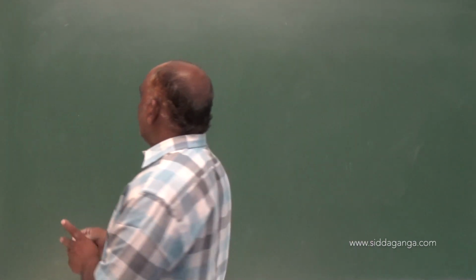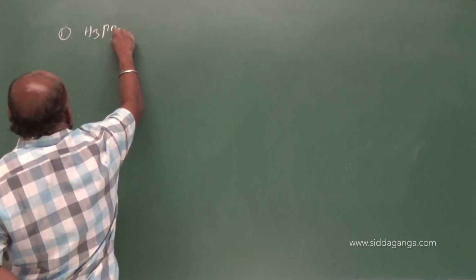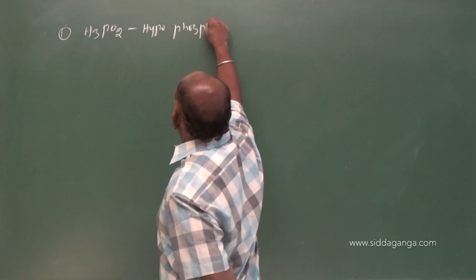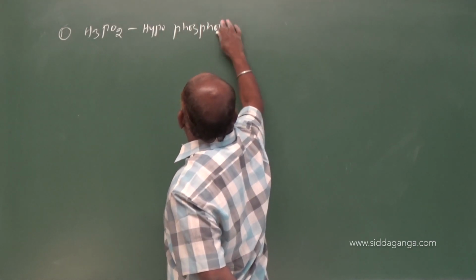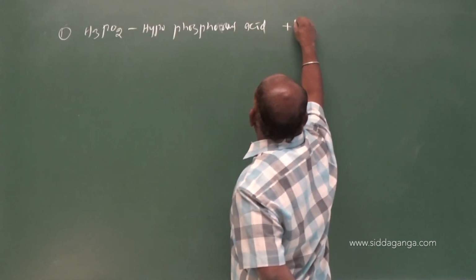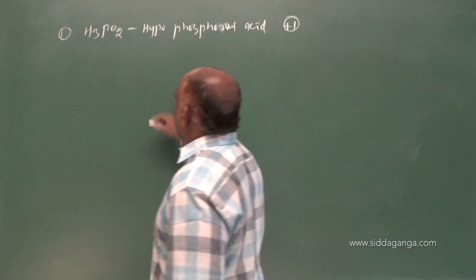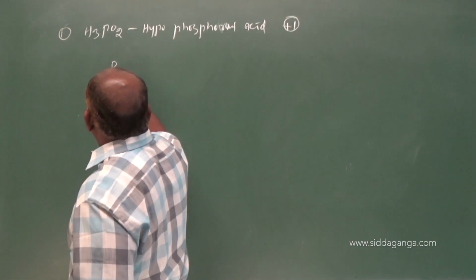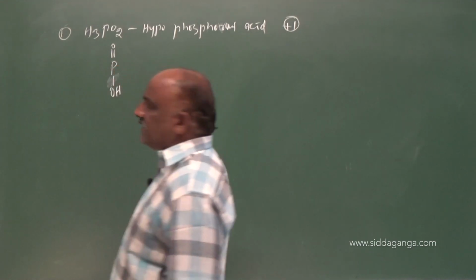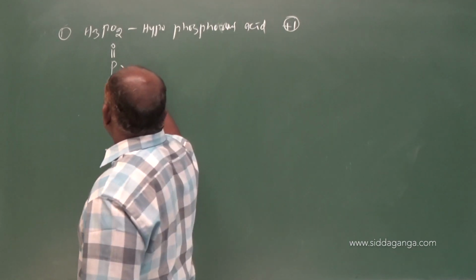Number one is H3PO2, hypophosphorus acid, plus one oxidation state. P double bond O and a single bond OH. It is compulsory. First drawing like this, P double bond O, single bond OH. After drawing this, then you should write hydrogen.